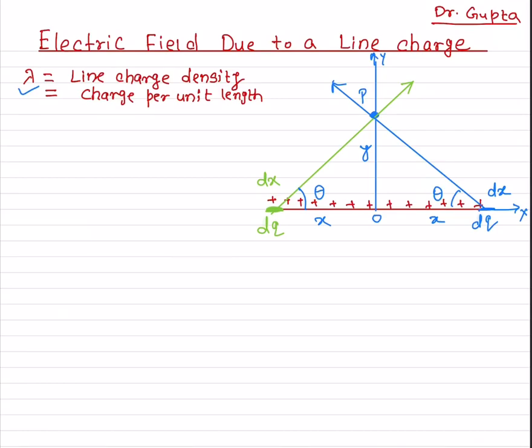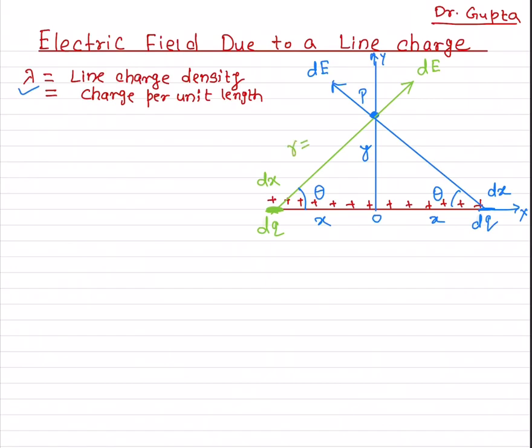So how are we going to solve this problem now? In order to solve this problem, we're first going to resolve the electric field into two components. We call this one dE, because this electric field is coming due to only a tiny segment. That's the reason we call it dE. The same thing, we call this electric field again dE. The magnitude is the same because both the charges are dq, and they are at the same distance.